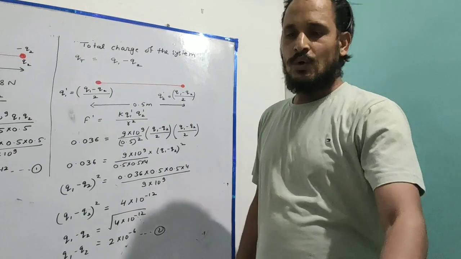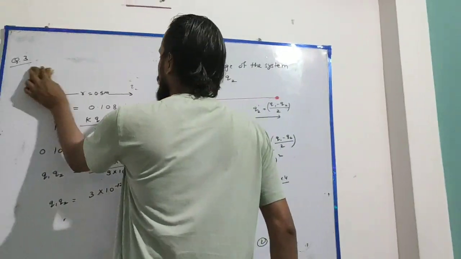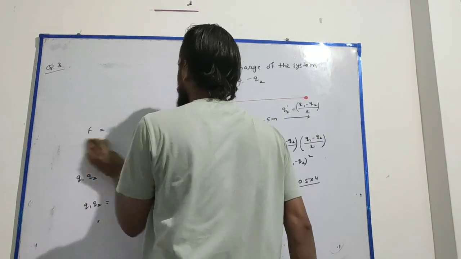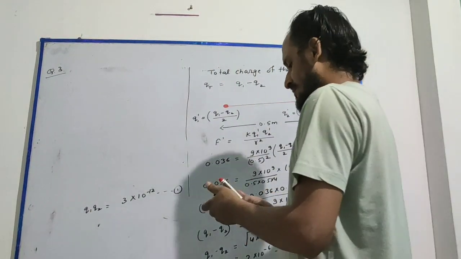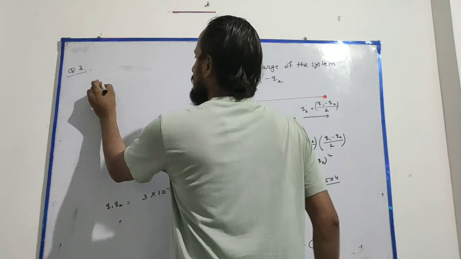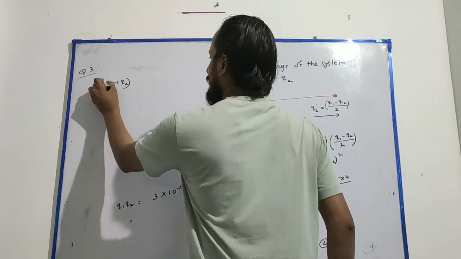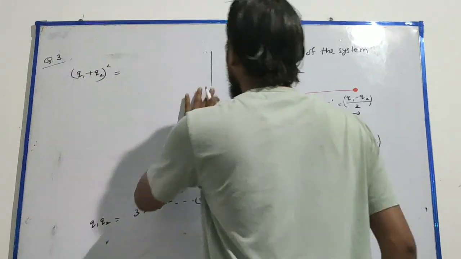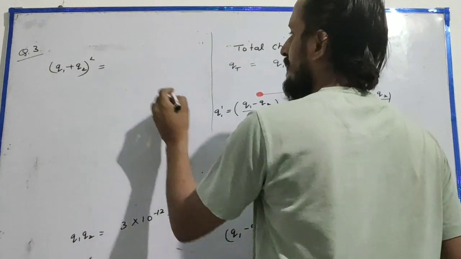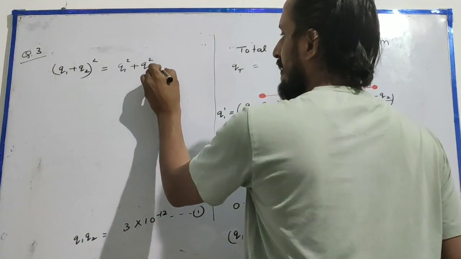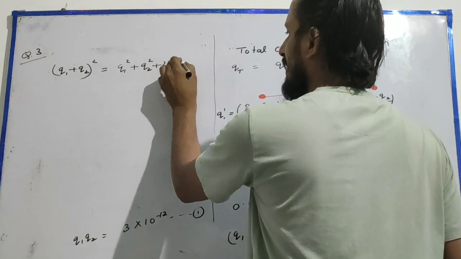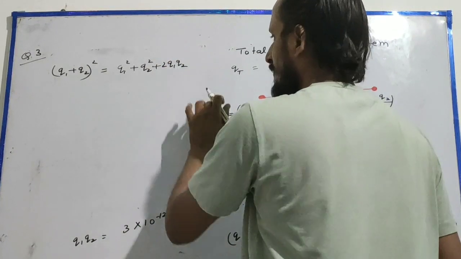So now we can use a mathematical relation. If you remember, (Q1 plus Q2) whole square, we know it is equal to what? Q1 square plus Q2 square plus 2Q1 Q2. Agree?